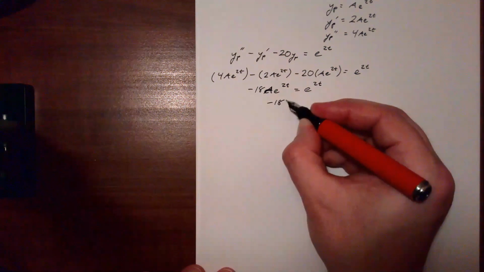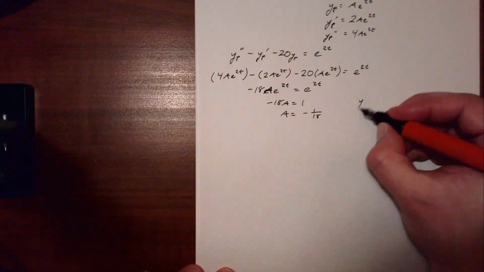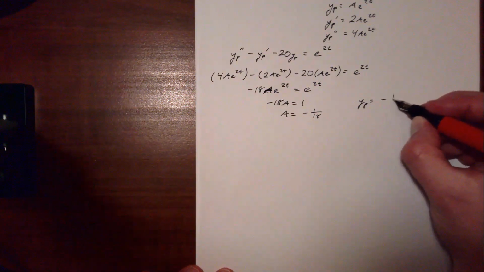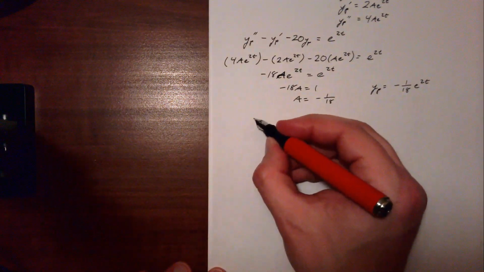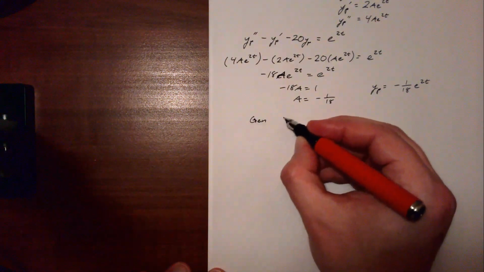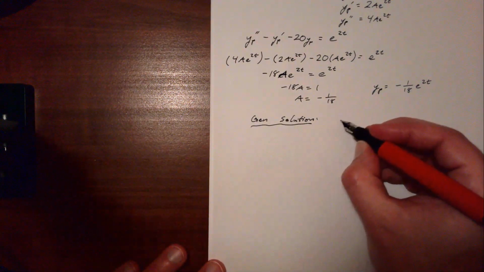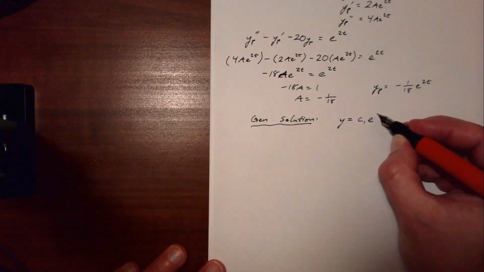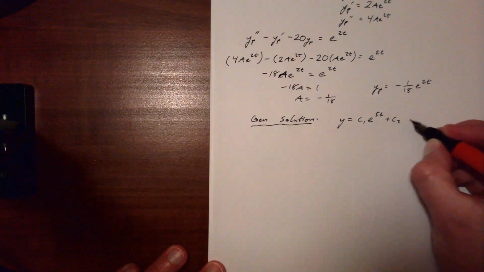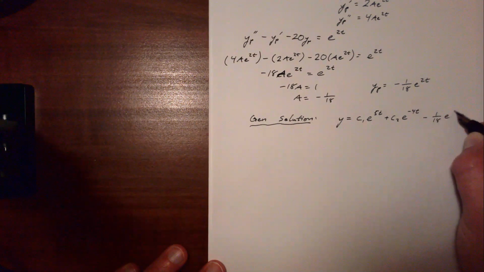So negative 18a equals 1, which means a equals negative 1/18, which means that our yp is just negative 1/18 e to the 2t, which then means that our general solution is going to be y equals c1 e to the 5t plus c2 e to the negative 4t minus 1/18 e to the 2t.